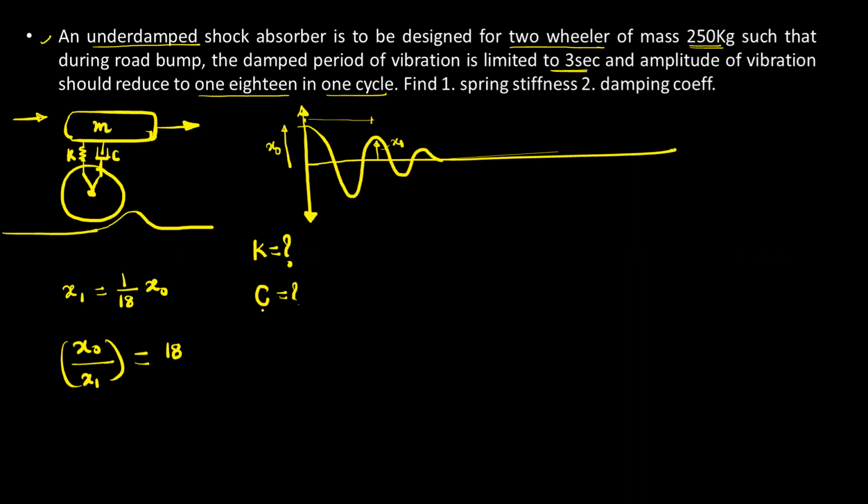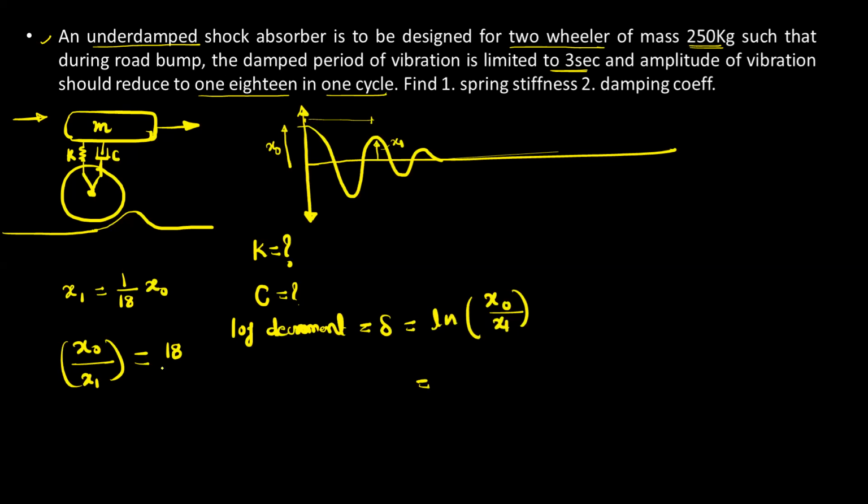Okay. So to find out the C value, we should find out the zeta value. Okay. So to find out zeta, we have to find out the logarithmic decrement. So use the formula of logarithmic decrement, which is delta, that is equal to ln x0 upon x1, any two successive values.